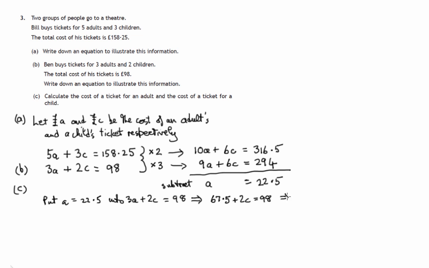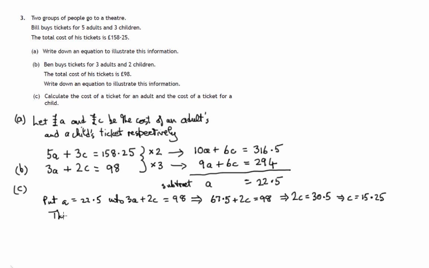So if we take 67.5 away from both sides, 98 minus 67 is 31, take away another 0.5 is 30.5, which therefore implies that C is a half of that. Well, half of 30 is 15, half of 0.5 is 0.25.